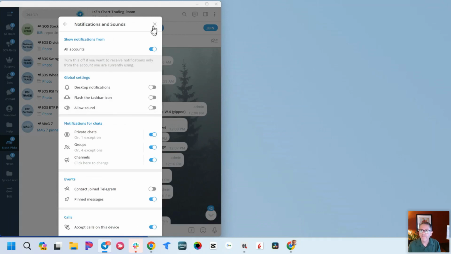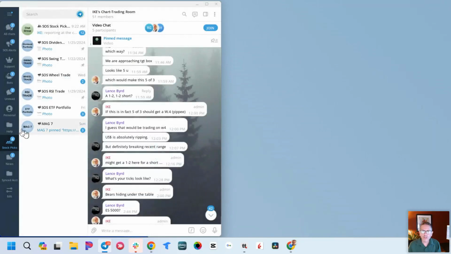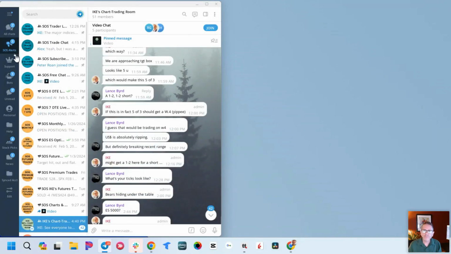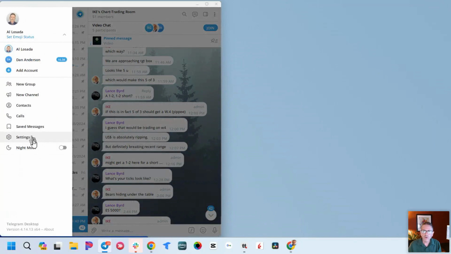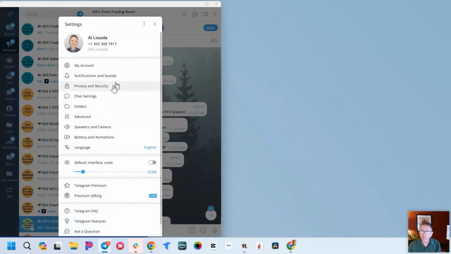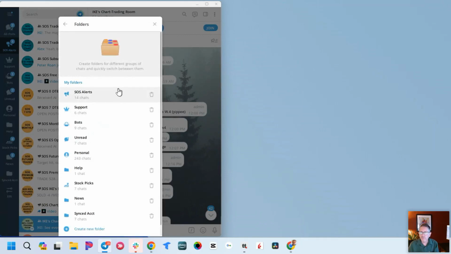All right. Okay. Also, what you can do is go to folders. Let me see here. So let's go to settings first, and then we'll go to folders. Okay. And folders is where you can organize all of the different chats that you have.